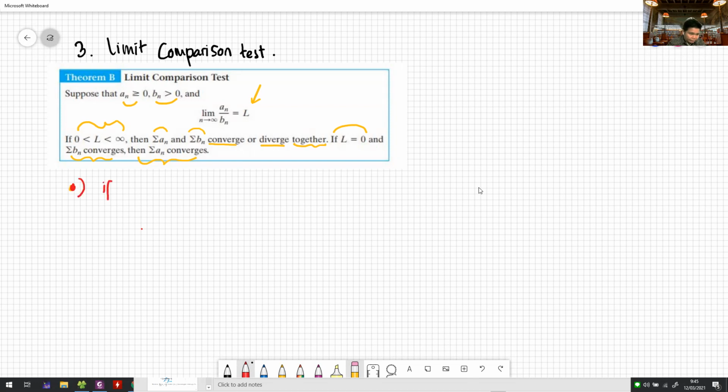The first one: if L is a positive value but non-zero, then the series an and bn both converge or both diverge.